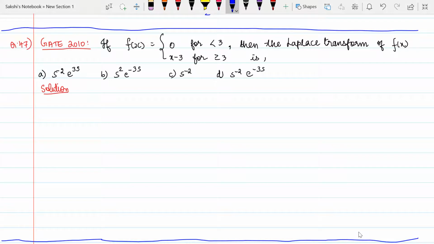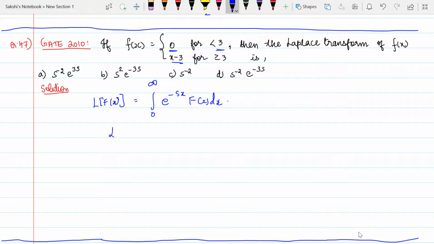The Laplace transform of any given function is given as integral from 0 to infinity of e power minus sx f of x dx. Now our function in the question: f of x is 0 from 0 to 3, and then it is x minus 3 from 3 to infinity.